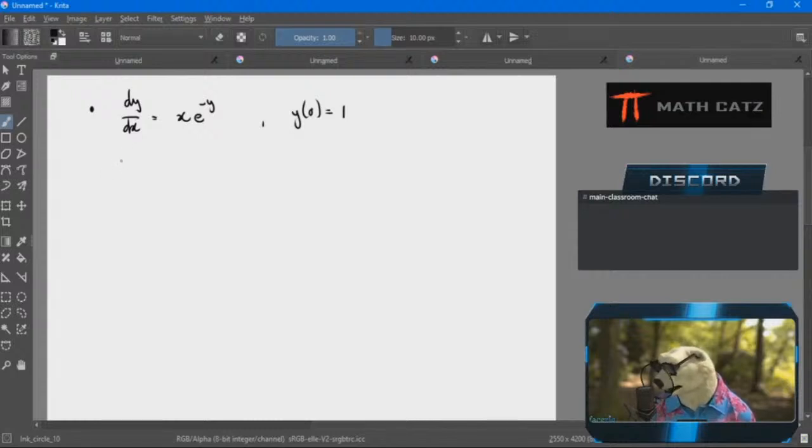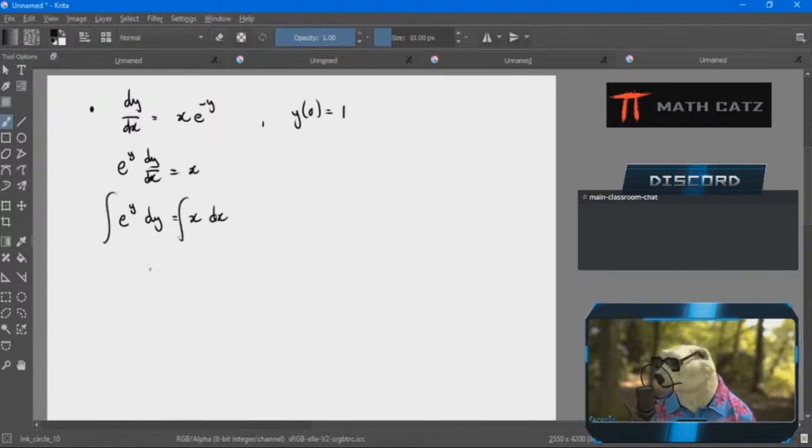So I move all the y-related things to the left. So it'll be e to the y dy/dx equals x. Then I separate the differentials as well to have e to the y dy equals x dx.